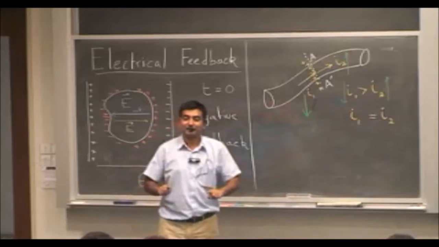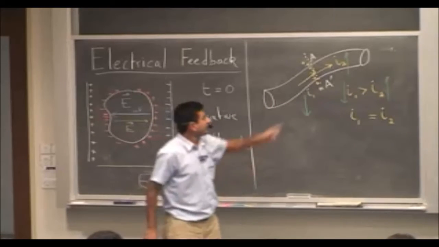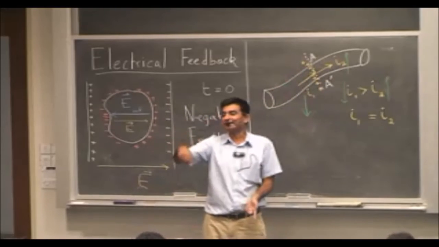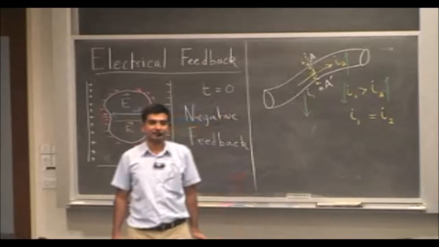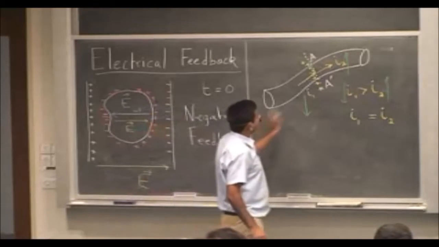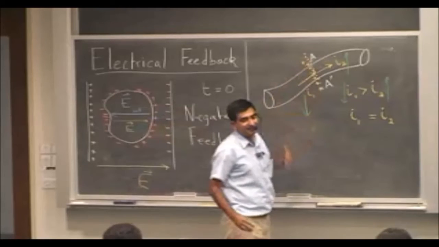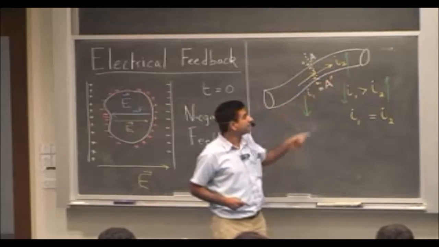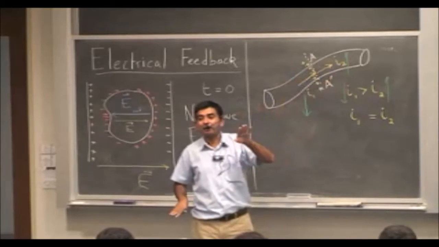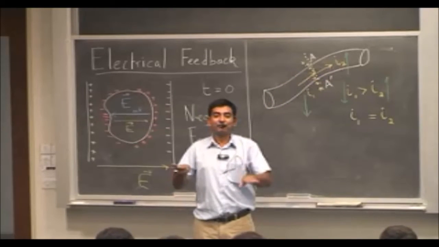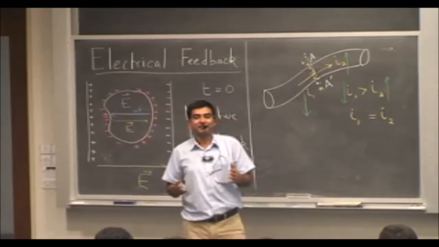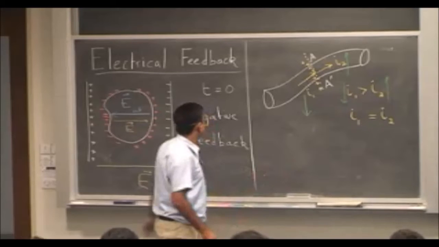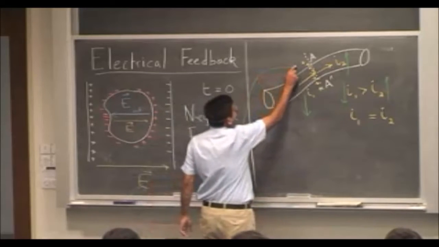And when I1 becomes equal to I2, whatever charge has been built up on the surface remains there. So this is another example of negative feedback. If somehow the incoming current has gone up beyond I2, it will result in a build-up of charges which will counteract the unbalance of currents. So this is another example of negative feedback.